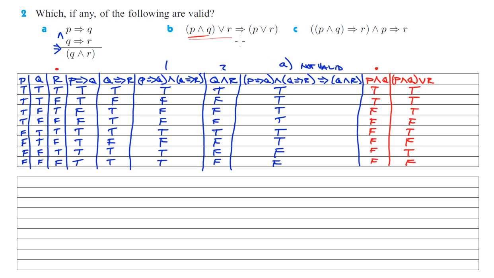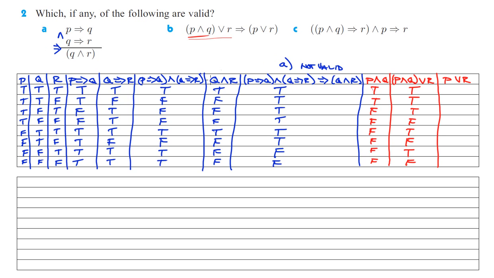We have to see if that implies P or R. So what we really need to do now is figure out P or R. So let's do that first. Let's see, I'm going to get rid of these so we can put our new ones on.